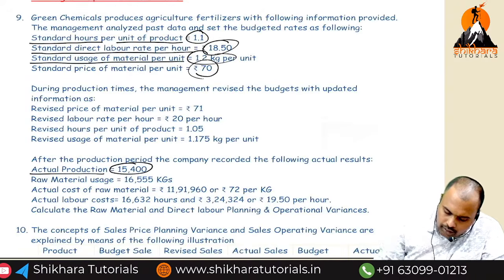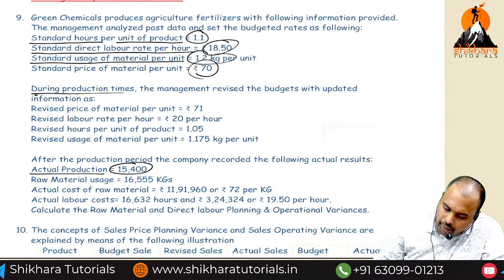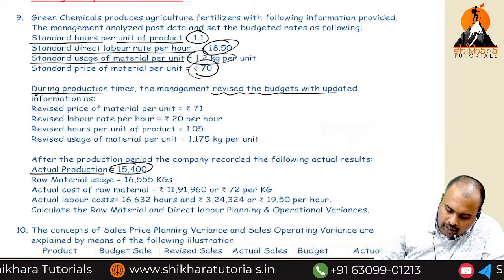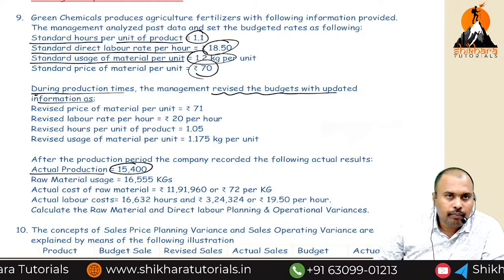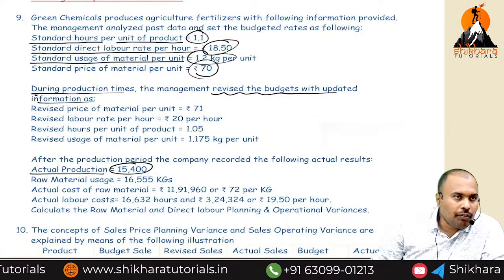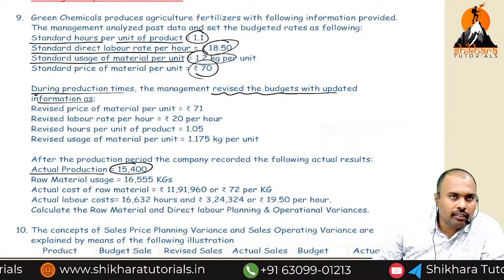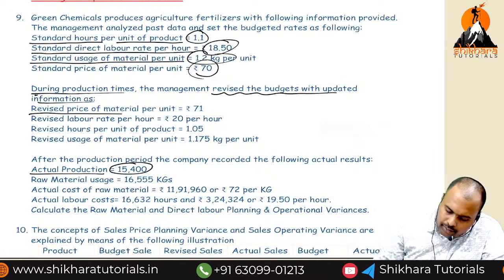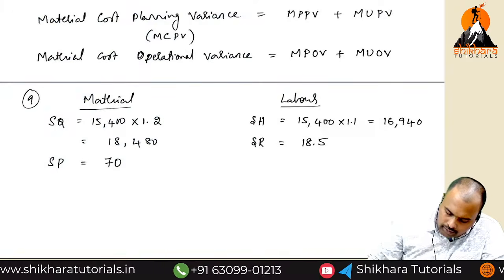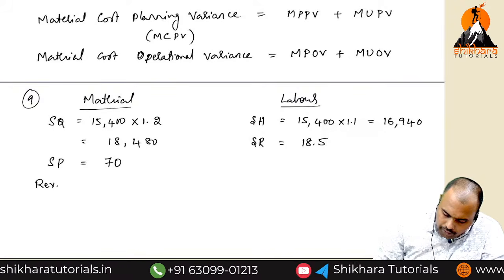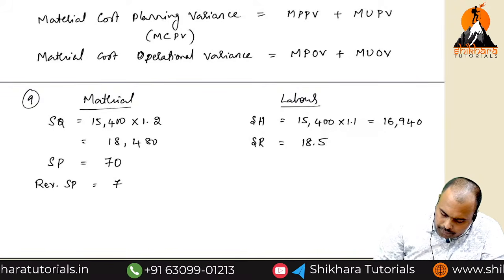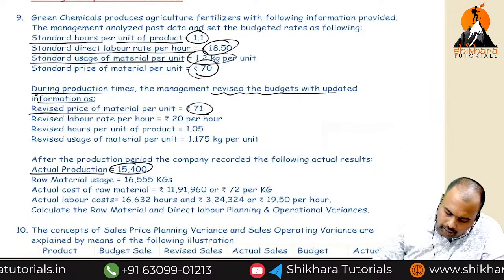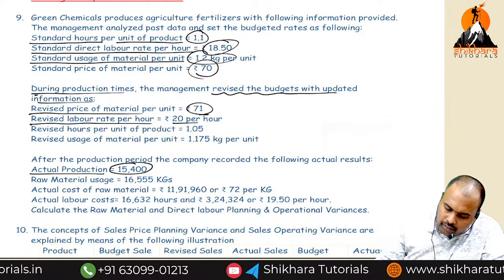Next, during production, the management revised the budgets with the updated information. Now during the production, they came to know that whatever standards we had are not correct. Now we are revising the standards. Revised price of material per unit is 71. That's nothing but revised SP, which is 71. Now revised labor rate per hour is 20.